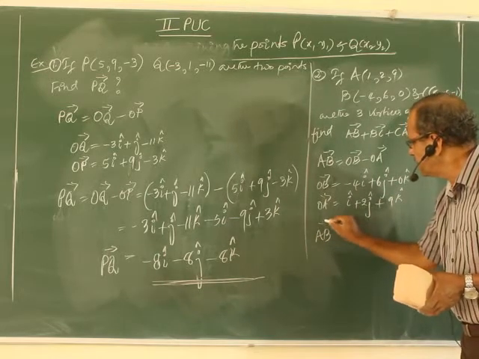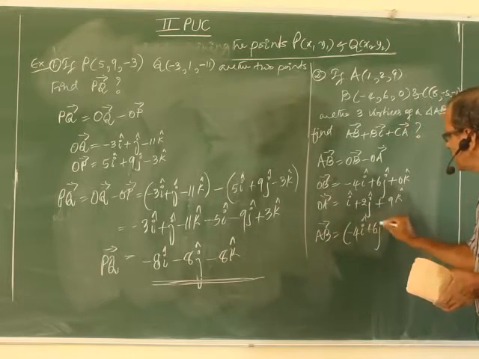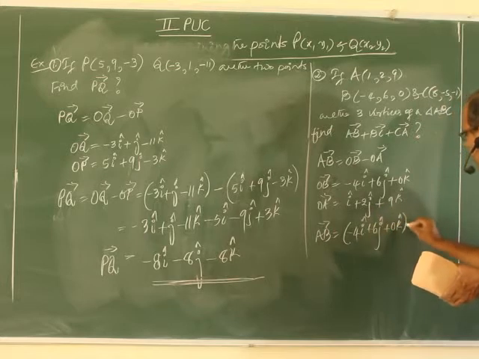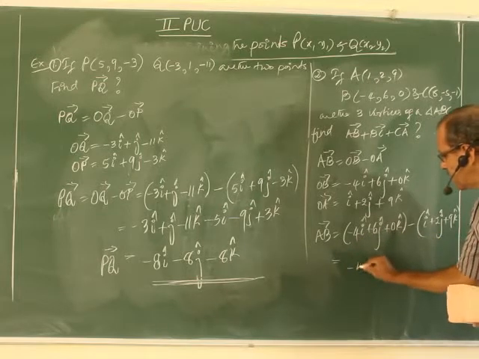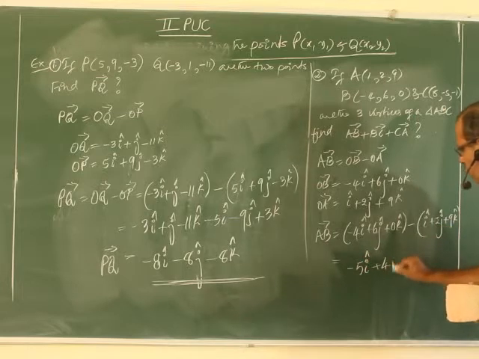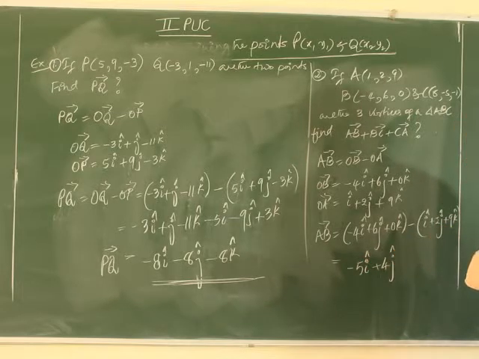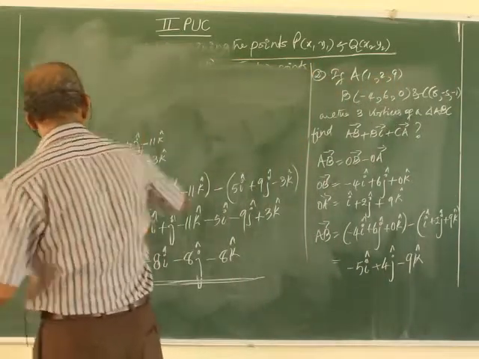AB equals OB minus OA, that is, (-4i plus 6j plus 0k) minus (i plus 2j plus 9k). The answer is, let me write directly: (-4 minus 1)i, which is minus 5i, plus (6 minus 2)j, which is 4j, plus (0 minus 9)k, which is minus 9k. Yes. The first vector AB is over. Next, come to the second one, BC.